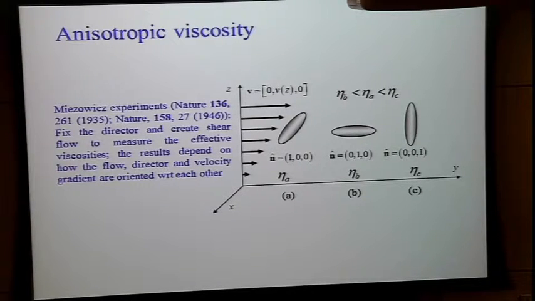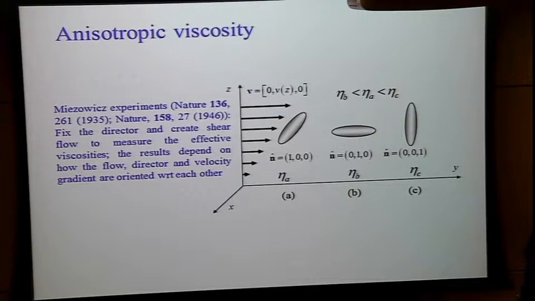So he fixes the orientation of the director with respect to the shear direction, and in one case when the director is looking towards you, he would get 1 value of the viscosity. If it's horizontal, it's another value, and when it's vertical, it's yet the 3rd value of the viscosity. And by the way, his experiments were so nice that when people remeasured them about 10 years ago, they couldn't find a difference more than 2 or 3%.